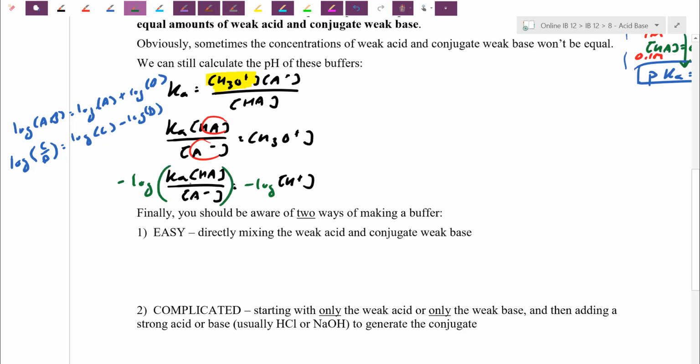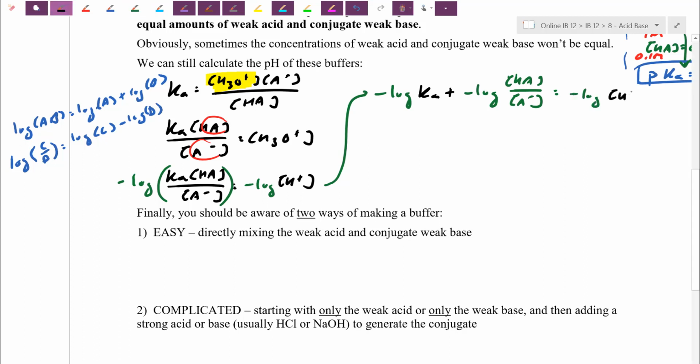So the first thing I'm going to break up is Ka times the HA over A minus product. Let me just rearrange that. So negative log, I'm going to pull the first term first. So Ka, I'm going to add, it's going to be a negative log. I'm going to leave this term here as HA over A minus. I'm not going to do the subtraction just yet. This is going to equal negative log of H plus. Hopefully you can match that up here.